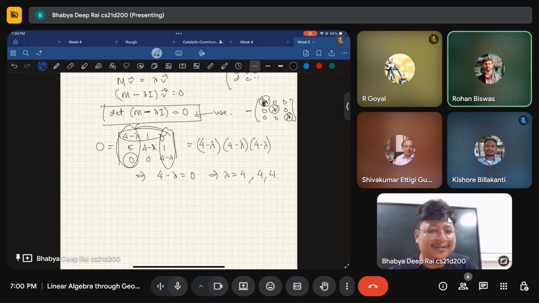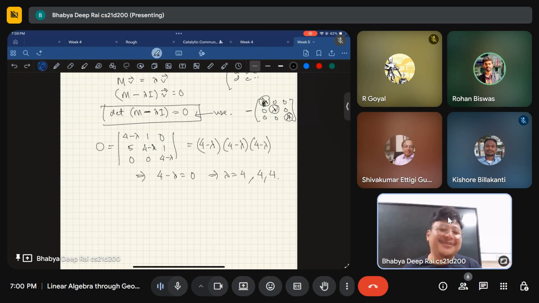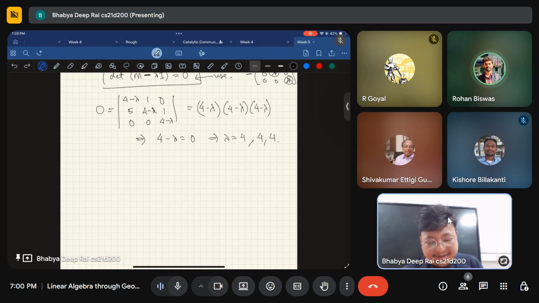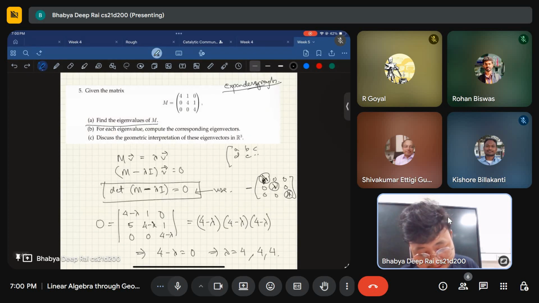Theoretically we can, but I think calculating it will be a little time consuming and tedious. Okay, good. So the eigenvalues are 4, 4, 4.